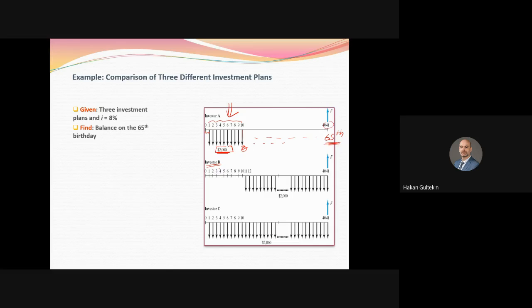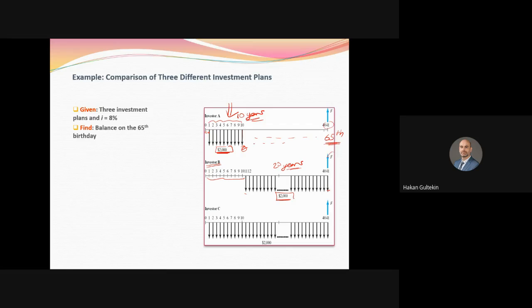In the second alternative, for the first 10 years, we will not deposit anything, but starting from the 11th year until the 41st year, we will deposit $2,000 for 20 years. Here, we only deposit for 10 years.